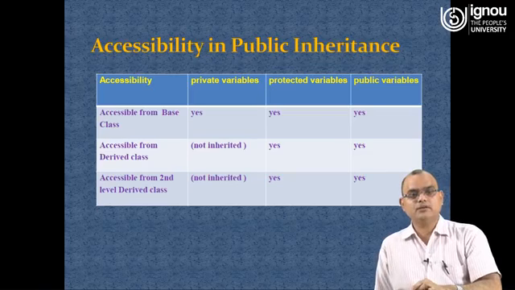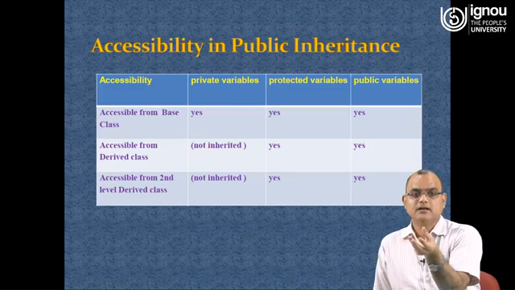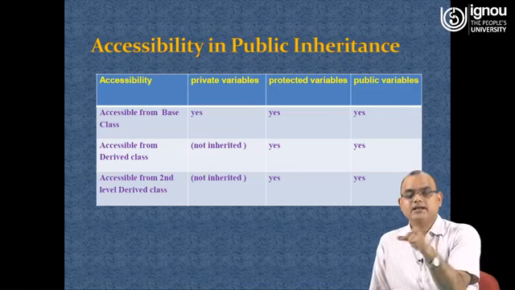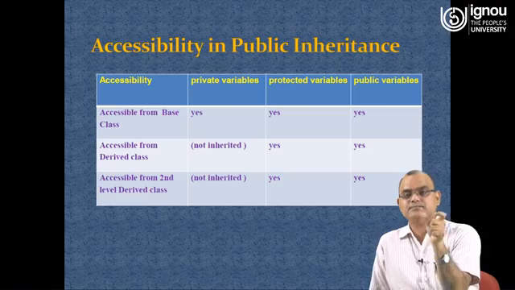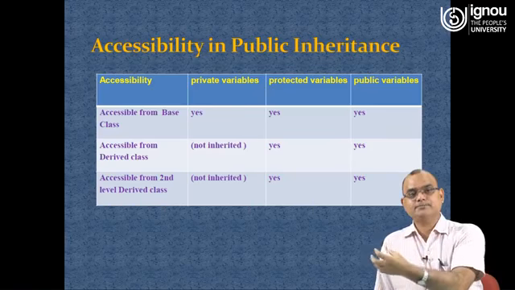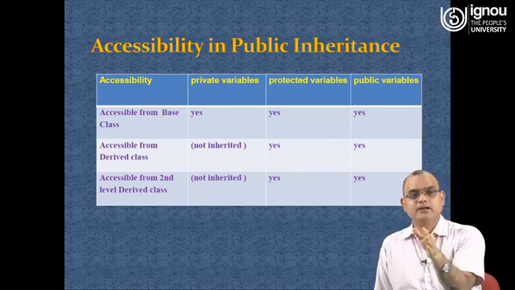Now here also you can see once again the private variable, accessibility from the base class, obviously the base class can access it. Let us say we have 3 classes: A is the base class, B is derived from A, and C is derived from class B. Then this table can be interpreted as follows.